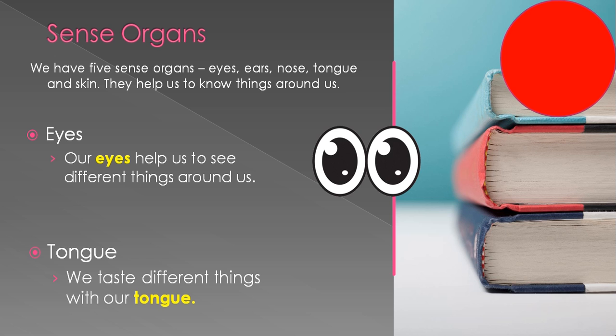Like when we eat ice cream, then the tongue tells us whether it is sweet or whether it is bitter. When we eat salty things, then our tongue tells us that too. So all these, the tongue helps us to know what the taste is.